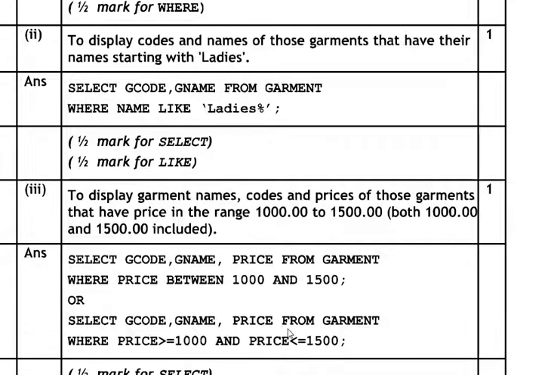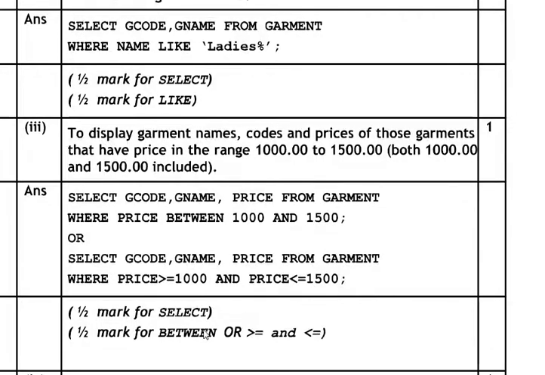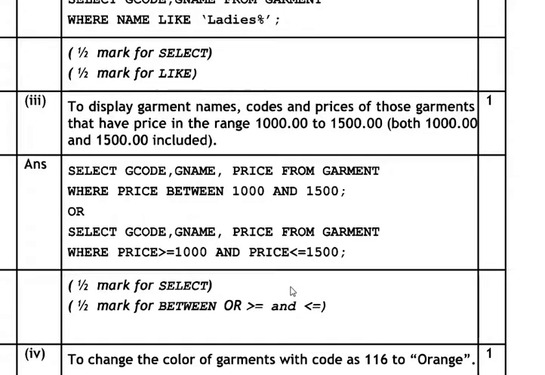See how we can use WHERE price greater than equals to 100 and price less than equals to 500. See the marking scheme: half marks for the select query and half marks for the BETWEEN, or these operators, less than equals to, greater than equals to, if you have used them. You can use either of them.